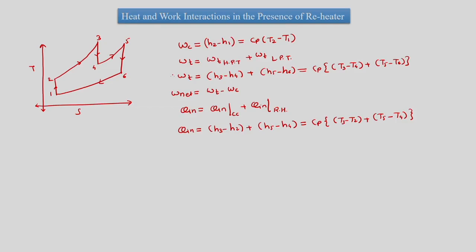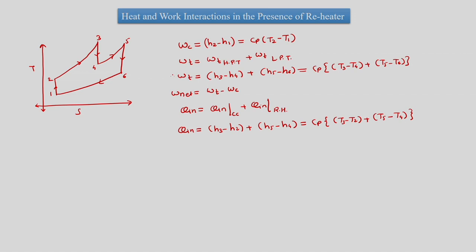However, since Q in also has two components, a comment about efficiency alone is not feasible at this stage, but we can comment about W net, and W net increases with the reheater arrangement, and this is the major reason for which reheater is attached into the Brayton cycle.